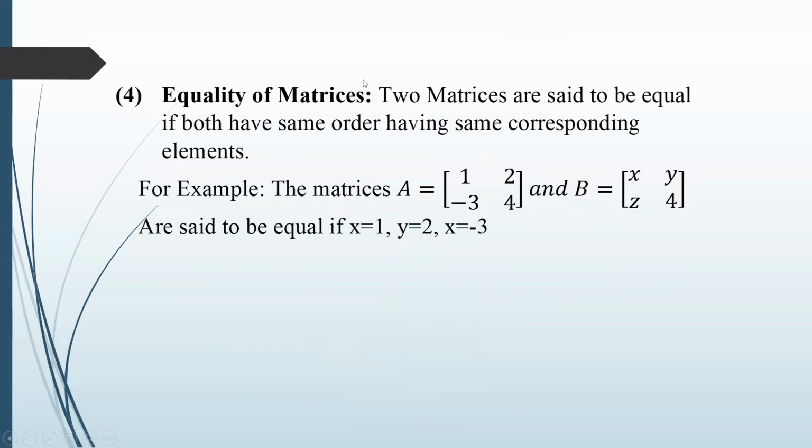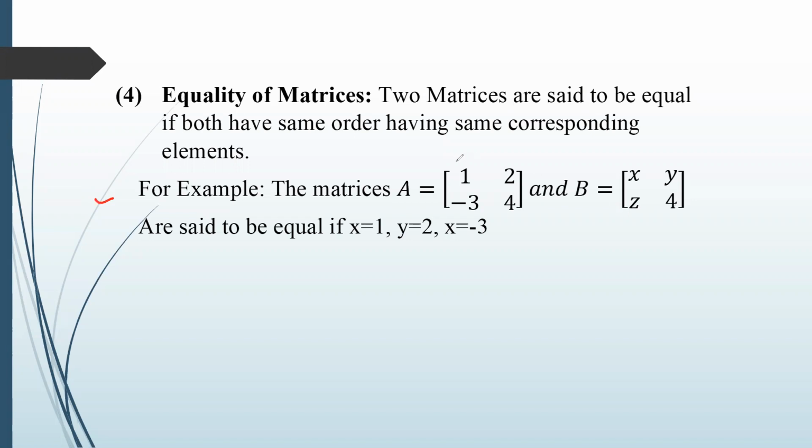Equality of matrices. Two matrices are said to be equal if both have same order. Okay, having same corresponding elements. Okay, then we say two matrices are equal. For example, we have two matrices. A is 1 2 minus 3 4 and B is x y z.